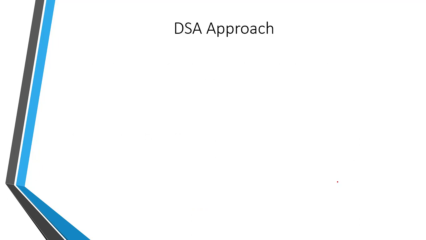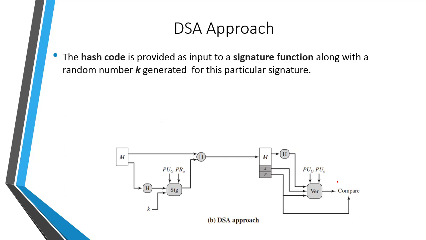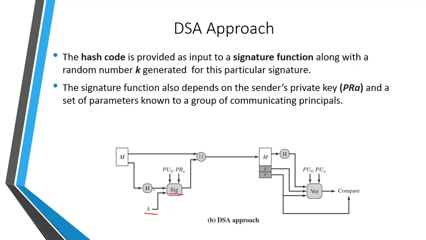Next is the DSA approach, that is the digital signature algorithm approach. The hash code is provided as an input to the signature function along with the random number k generated for this particular signature. The signature function also depends on the sender's private key, that is PRA, and a set of parameters known to a group of communicating principals.